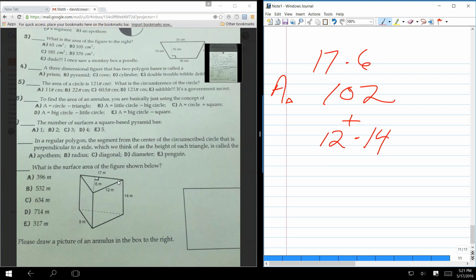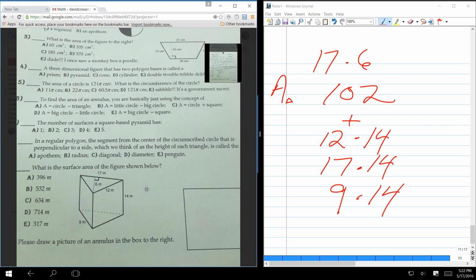The back one is 17 by 14. But then this one over here is 9 by 14, yeah, sorry. For some reason I was thinking we needed to calculate that distance right there. It's 9. So, all right. It wasn't as hard as I thought.